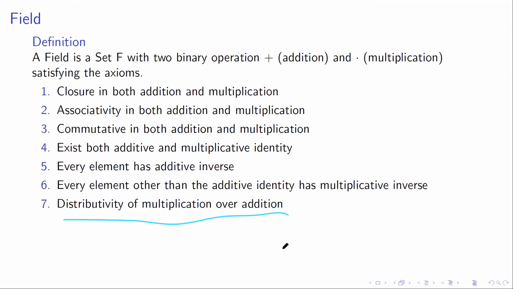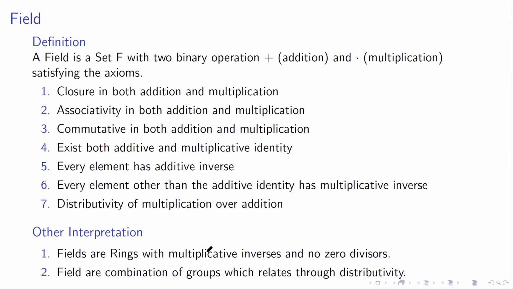You can also view a field as a ring with multiplicative inverses and no zero divisors. Another interpretation is that a field is a combination of groups related by distributivity.